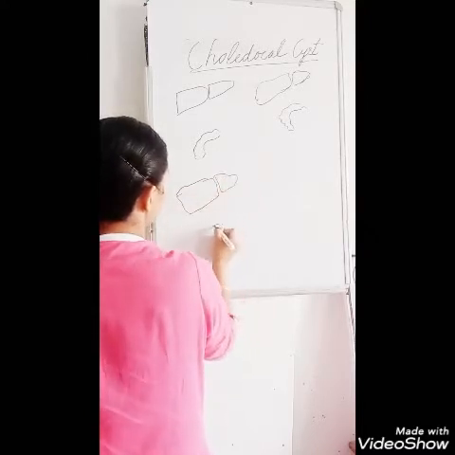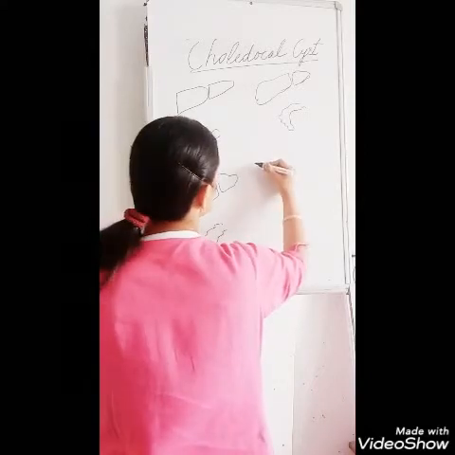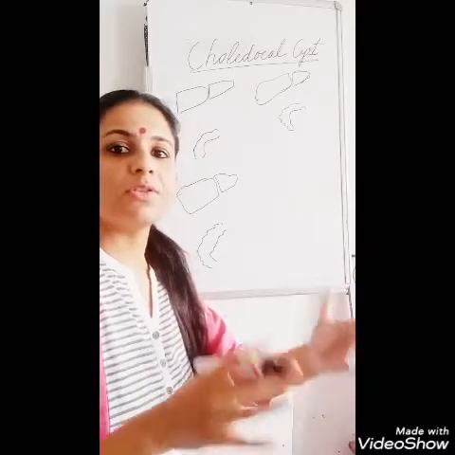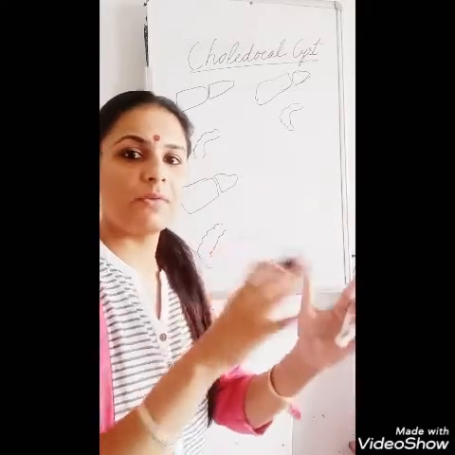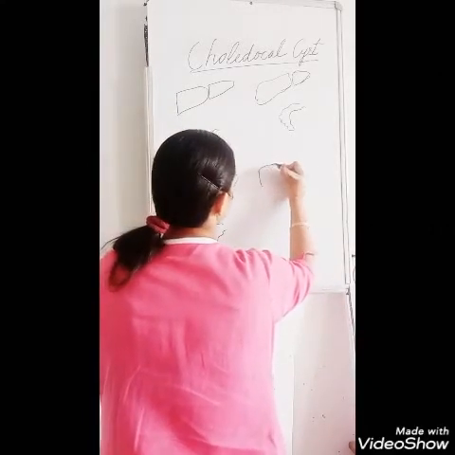We are making the 4 types because the 5th is known as Caroli disease, so I will take it later. Here I am making the 4 types of classification.